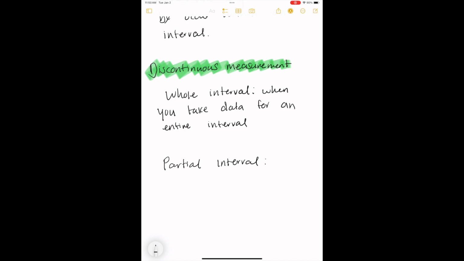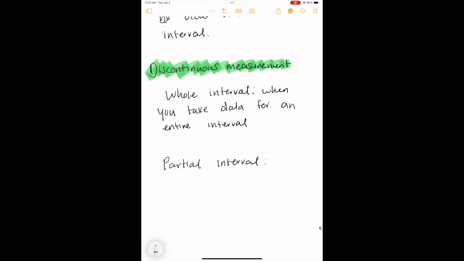Discontinuous measurement, you only really ever take when the behavior happens so frequently that you can't get a good count on it. You can't count it reliably because it's happening an insurmountable amount of times that you can only take it in intervals.